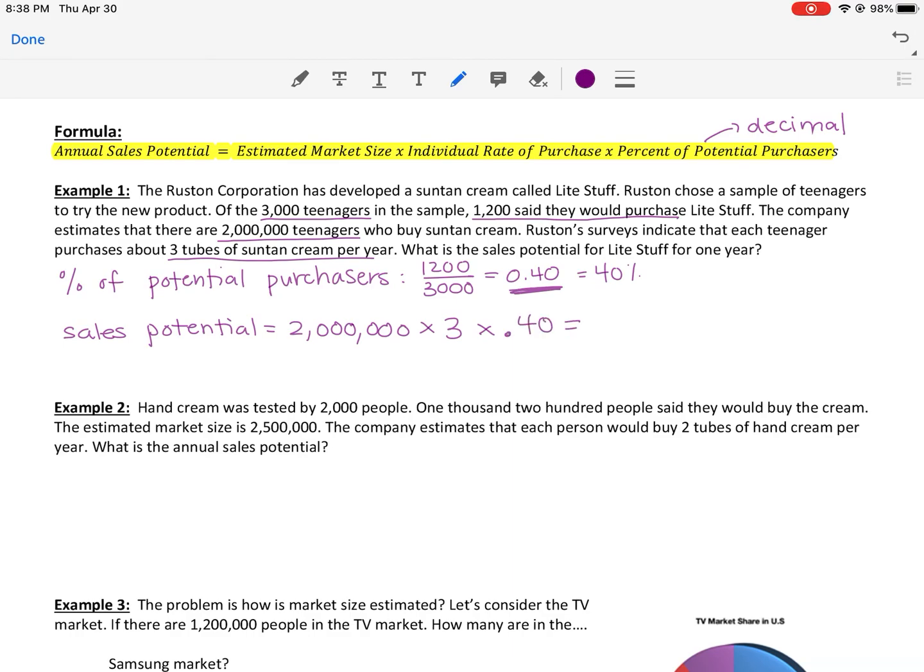And when you multiply those 3 things together, it's nice to have a calculator handy, you'd get 2,400,000 tubes a year. So they would be able to sell that much. From that, they could then look at prices, etc.